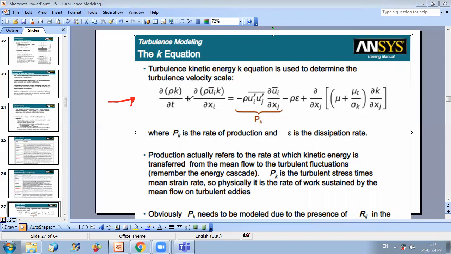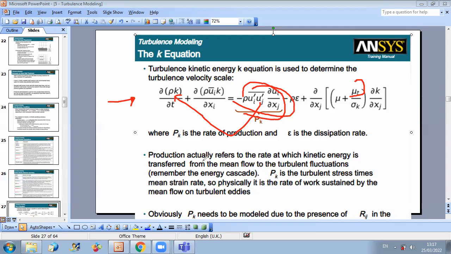And as you can see, K and epsilon are related to the fluctuation of the flow and to the eddy viscosity. Okay, so we need to predict this term, which is called the rate of production, in order to be able to solve for K. So this is why we can consider that this term can be modeled, can be related by this equation to K. So once you solve for K, you can actually determine the production rate.